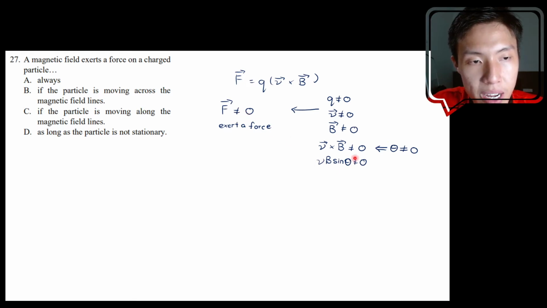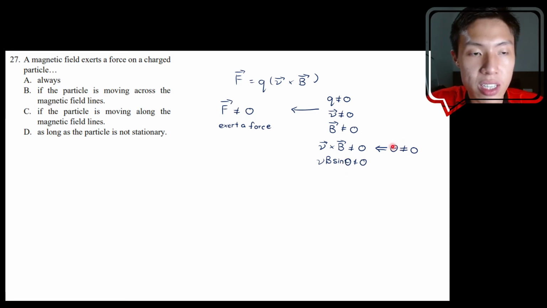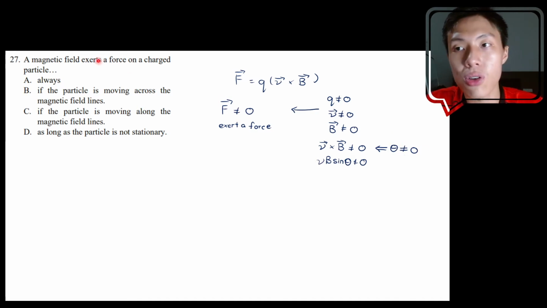So that means theta cannot be equal to 0 degrees. Because if theta is 0 degrees, then sine theta will be 0, then your F will be 0. So you have to make sure theta is not equal to 0 in order to have the magnetic field exert a force. Theta is equal to 0 if v and B are in the same direction. So that means your particle cannot be moving along the direction of the magnetic field lines.